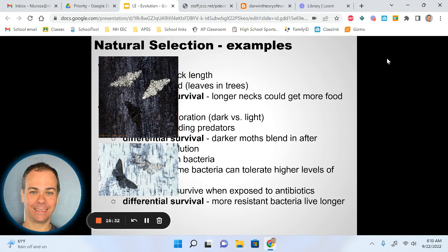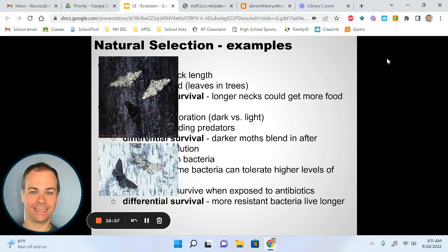And the majority of the moths were the lighter variation, like this one that you see here. There were some dark ones once in a while due to natural variation, but not as many. But after the Industrial Revolution, soot and pollution from the burning of coal in factories caused the bark of trees to become darker.